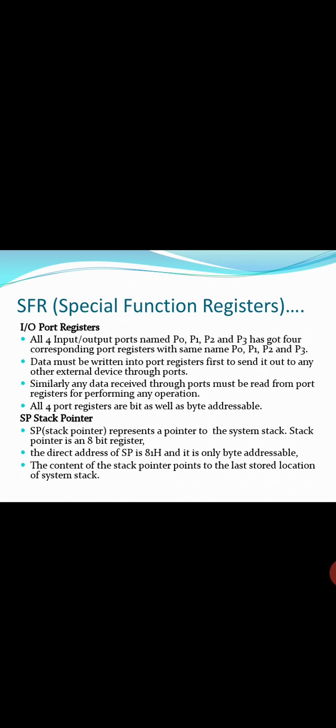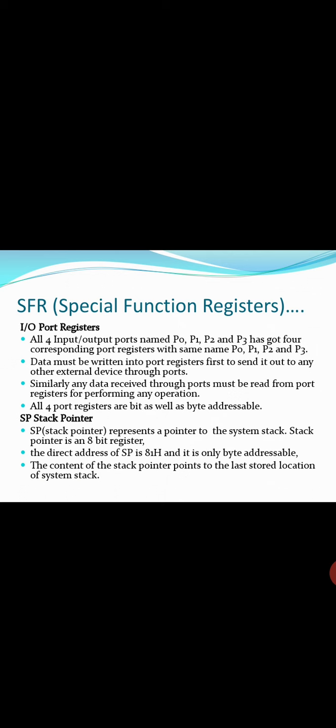IO port special function registers are, there are 4 input output ports, namely P0, P1, P2 and P3, which have 4 corresponding port registers with the same name P0, P1, P2 and P3.